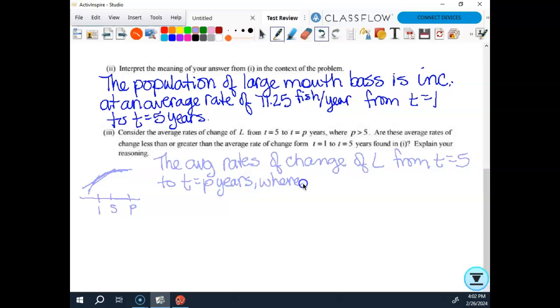Where p is greater than 5 will be less, okay? Well, let's talk about why less. I should have done that. What's happening to your function? Your function is increasing, right?